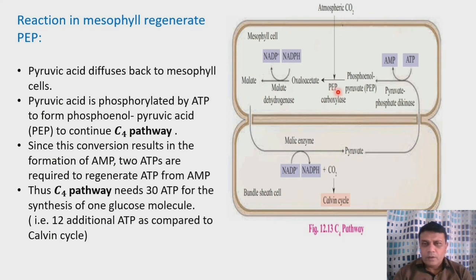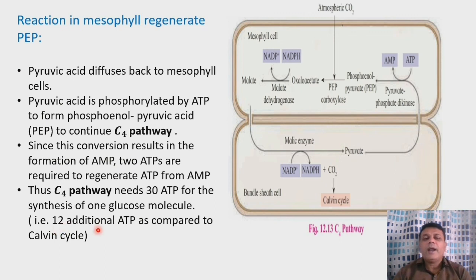So since the conversion results in the formation of AMP, two ATPs are required to regenerate ATP from AMP, that is adenosine monophosphate. So thus C4 pathway needs in all a total of 30 ATP molecules for the synthesis of one glucose molecule. So it is more as compared to the Calvin cycle or C3 pathway.